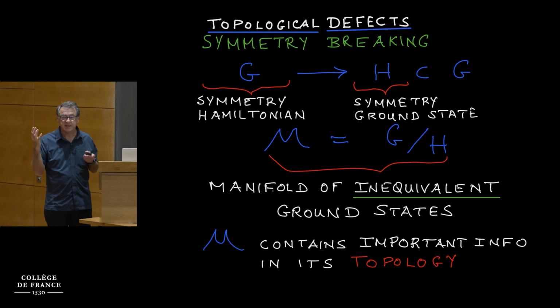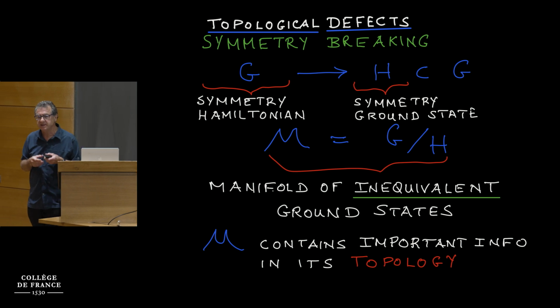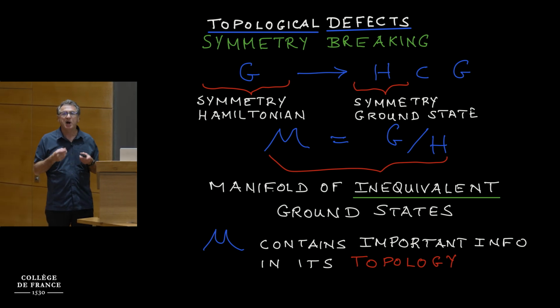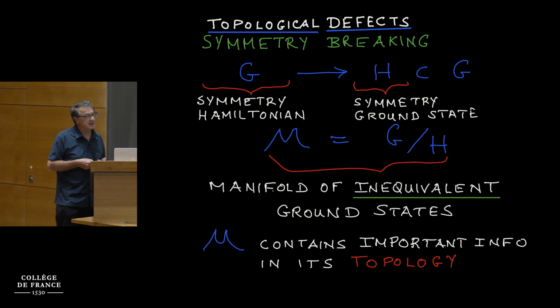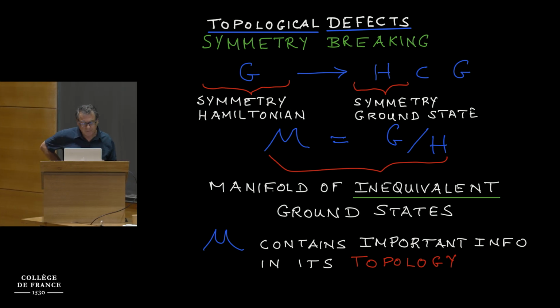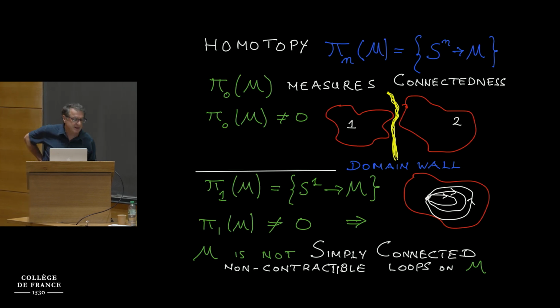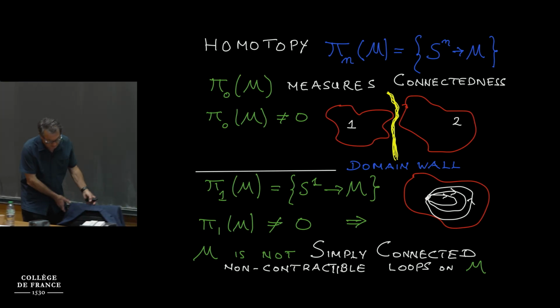So you have essentially always an infinite manifold of inequivalent states. And this manifold has a lot of interesting information about your physical system embedded in its structure, and in particular its topology. So how do we study that topology?